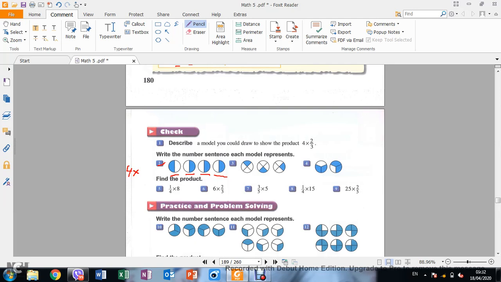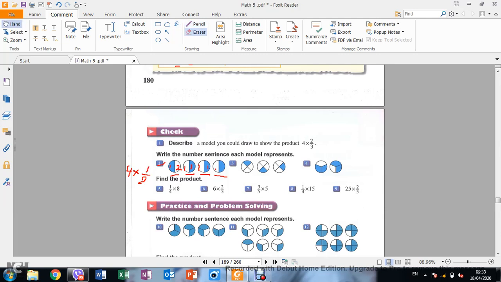Each model is divided into 2 parts: 1, 2, 1, 2, 1, 2, 1, 2, which means our denominator is 2. So look at the parts. How many parts are shaded? 1. So all of them are 1, which means all the numerators are 1.